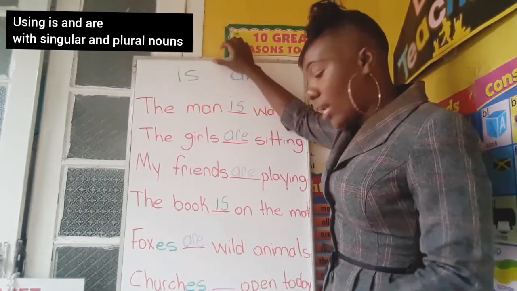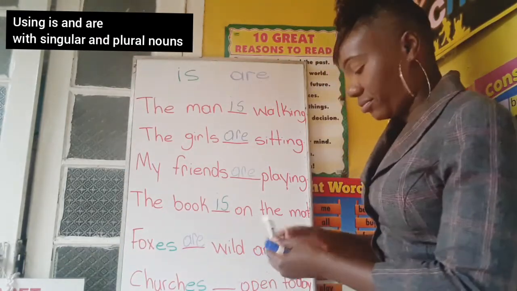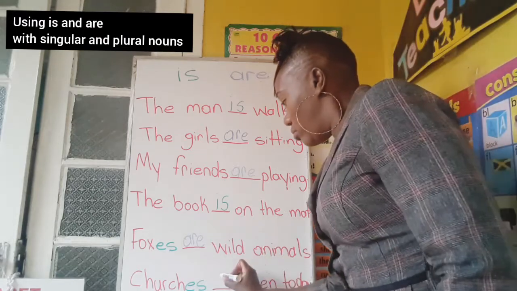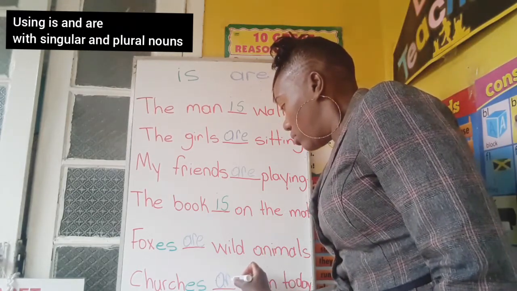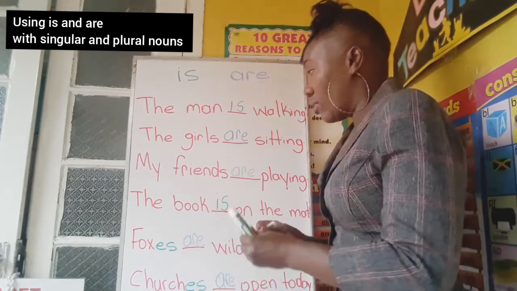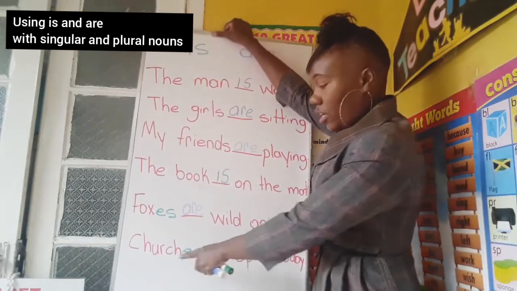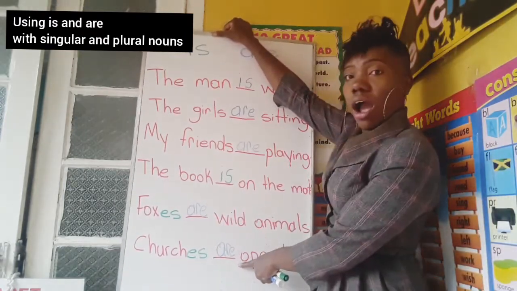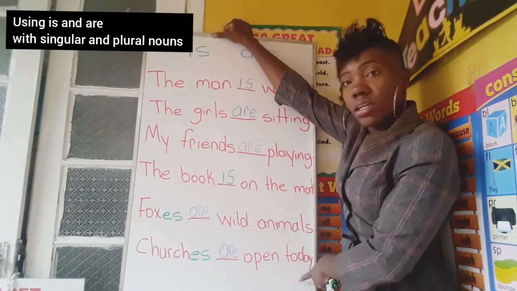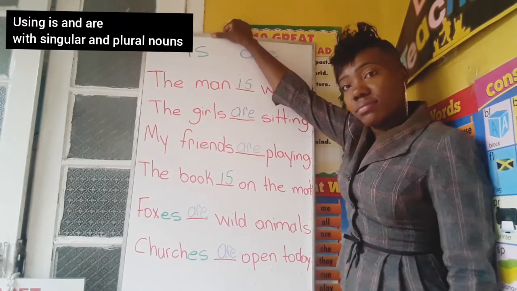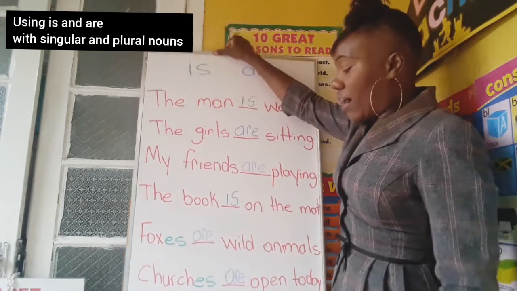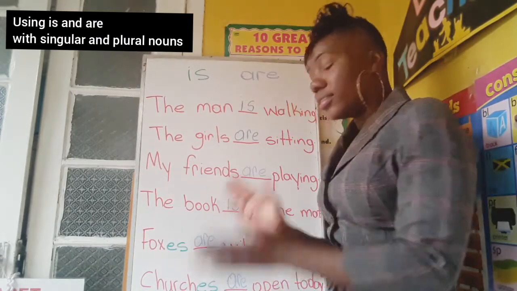So we use are. Now let's read it. Churches are open today. Alright, clap yourselves, boys and girls.